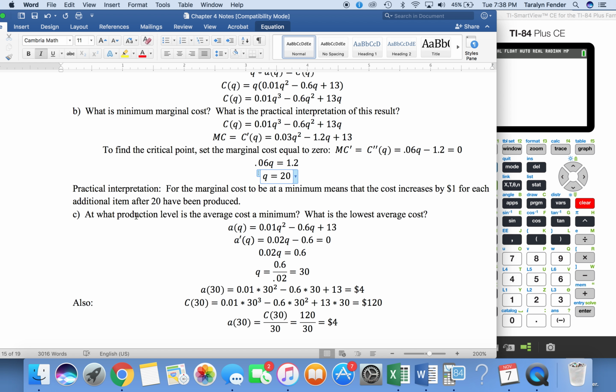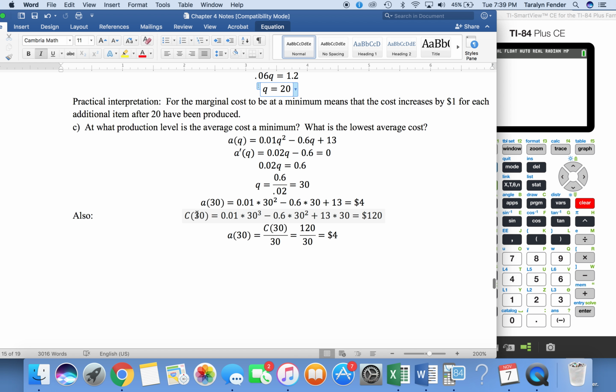Now, what is the production level where the average cost is a minimum? What is the lowest average cost? So we take the average cost function and find the derivative, and we find Q is 30. So when I plug in the average cost when Q is 30, I get $4.